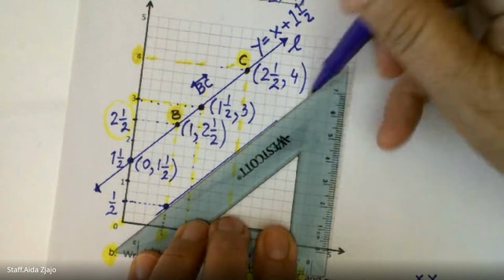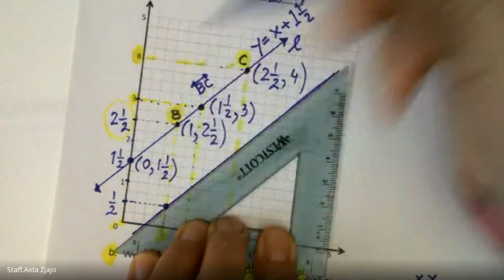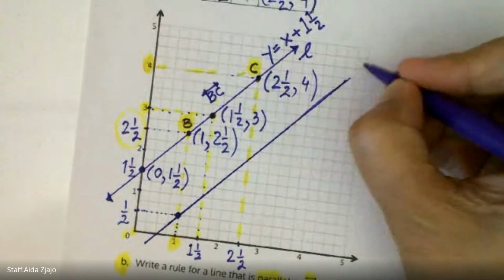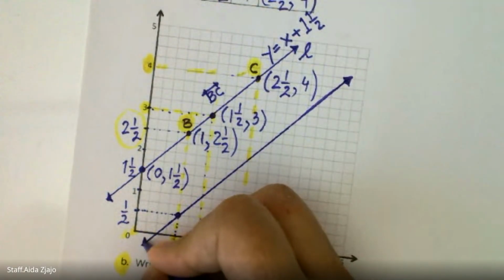Now I'm going to extend the line, with two arrows that represent the line.